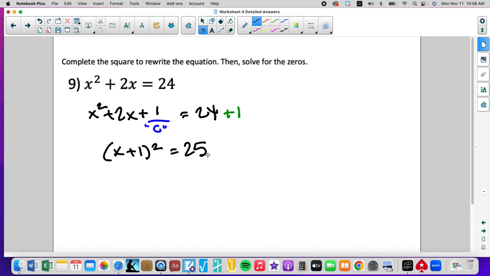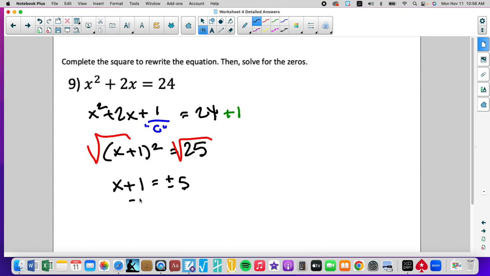All right, so the easiest way, the reason why we complete the square, then solve for the zeros, is we can take the square root of both sides now. Yeah, that's nice. Square root of this is going to be x plus 1, square and the square root cancel. Square root of 25 is going to be plus or minus 5.